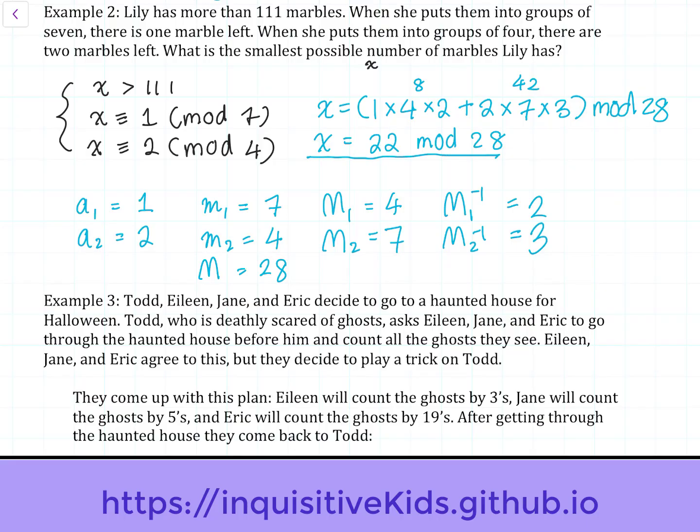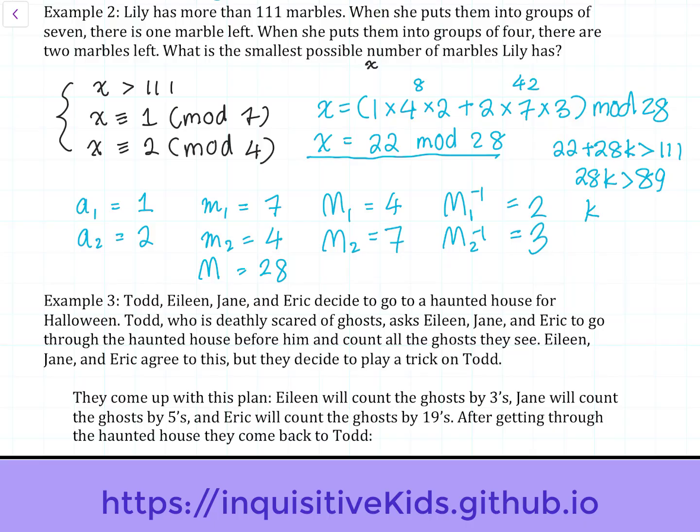But the question is asking, what is the smallest possible number of marbles that Lily has? So we're looking for the smallest possible number. And X must be greater than 111. So all we have to do is add a certain amount of 28s to 22 to make it greater than 111. So 28k must be greater than 89.